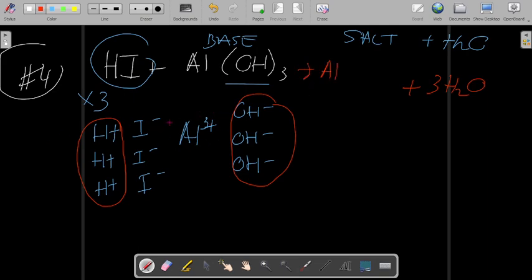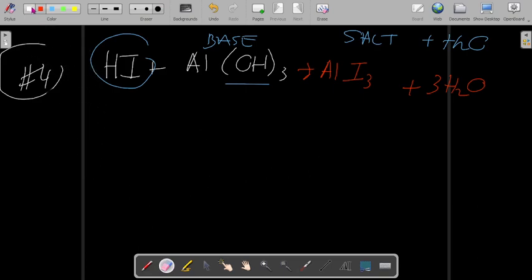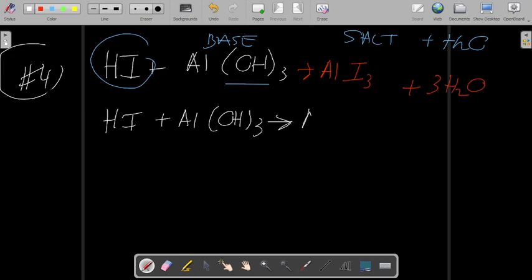So I'm going to put aluminum. How many of these? 3. It's not a polyatomic, so I just put the 3 right here. Okay? So clean it up. And you have your answer. So it should look like this. And then you're done. Okay? This is your answer right here.